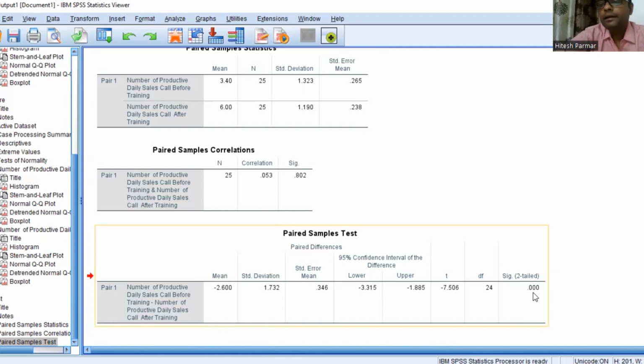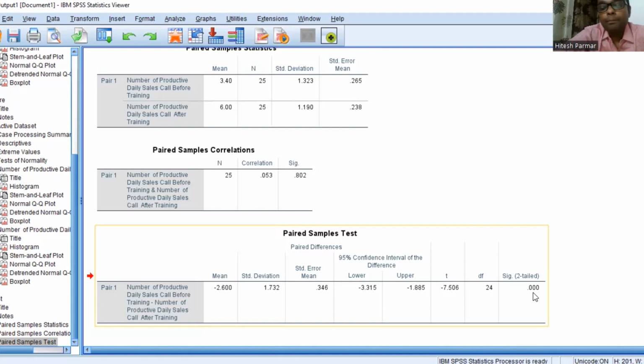So we are rejecting the null hypothesis, which is that there is no significant difference in the daily productive sales before and after the training. We are rejecting it and confirming that yes, there is a significant difference. But our ultimate objective is to conclude on the effectiveness of the training.